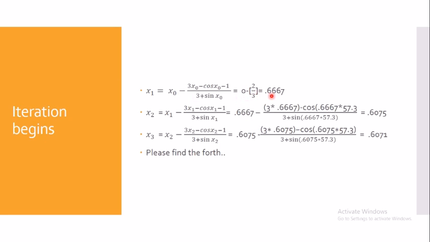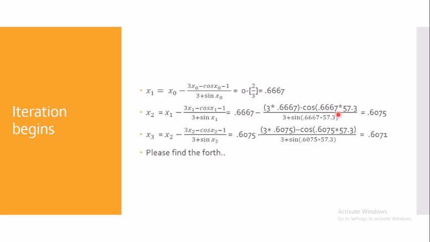We have already obtained the value of x1, so I just substitute it here, minus 3 into x1, and inside the cos x1, here happens the magic: x1 is 0.6667 multiplied by 57.3. Now what is this 57.3? It is nothing but 180 divided by pi.